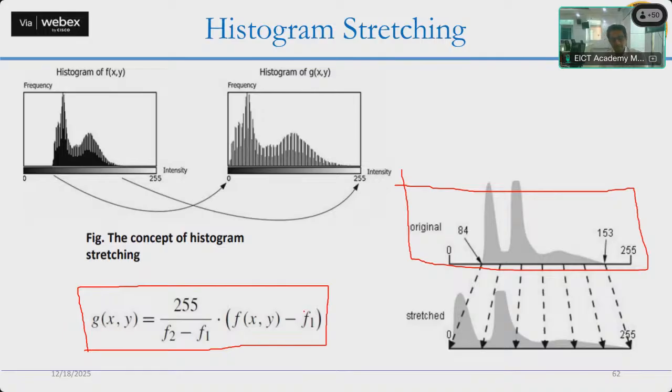Here, if you see in this formula, in this image, what is this F1? This is 84, absolutely. F2 is there. Can you tell what is this F2? Absolutely, it is 150.